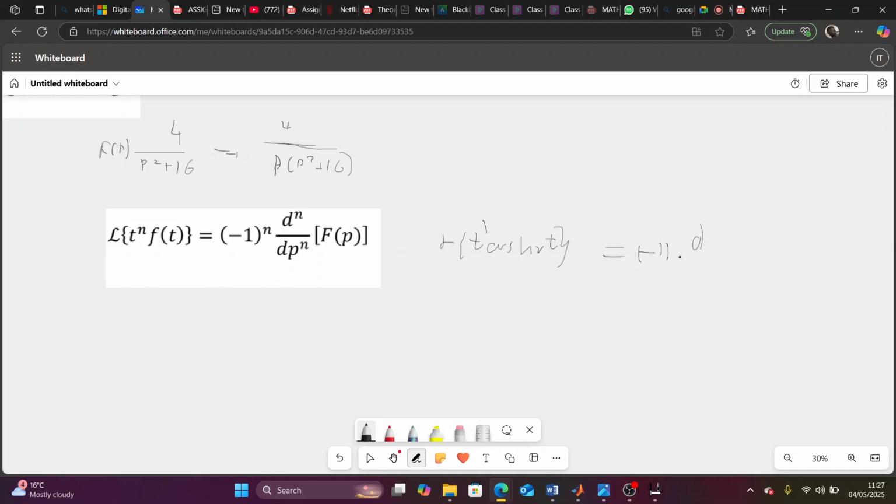Because it's 1, we're going to have d over dp. Here is F of p. F of p is simply the solution of the Laplace. So what we do here, we have to solve for the Laplace of cos 2t. Applying the formula, what do we have?